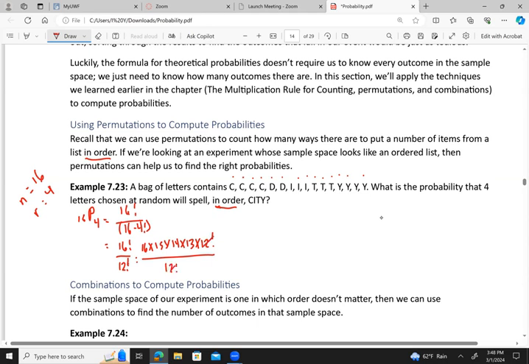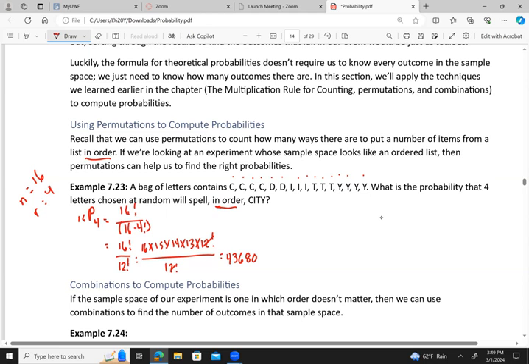The 12 factorials cancel out, and we end up with 43,680 possible 4-letter arrangements. Now we have to look at how many ways we can get CITY in order.